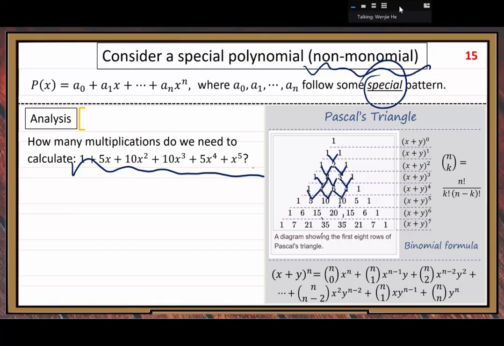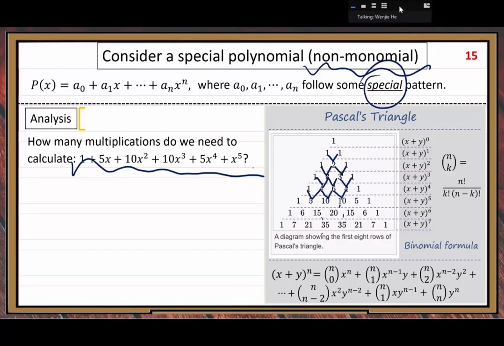Look at this line. It corresponds to one row in Pascal's triangle. It happens to be one of the rows in Pascal's triangle.